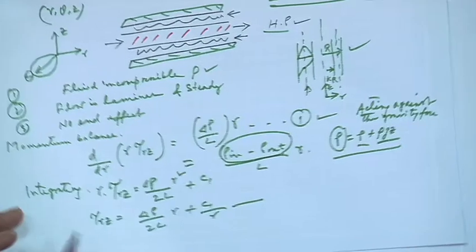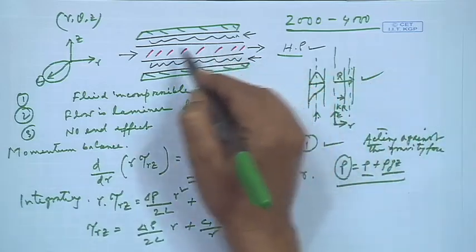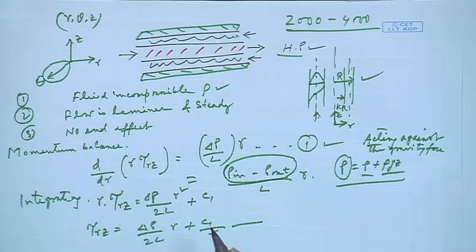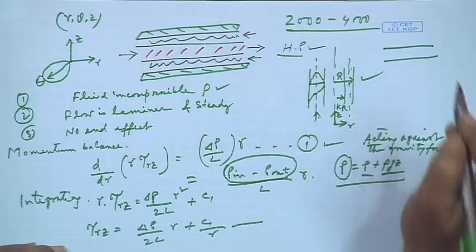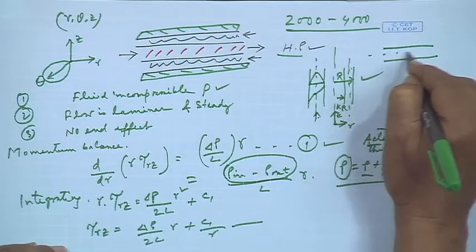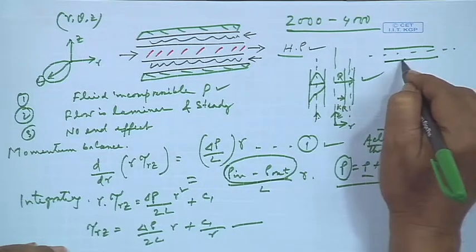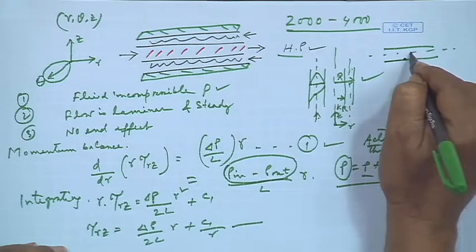So, the boundary conditions. One thing we can refer back to is that, unlike this pipe flow where the boundary condition was very much defined, if we take this as the pipe and this is the axis, then this is the solid wall where the velocity is 0, and this is where the velocity is maximum.